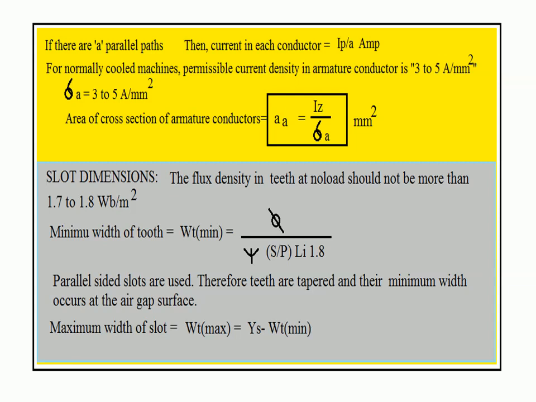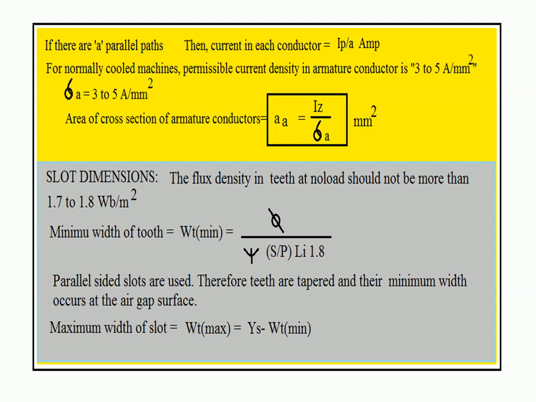For normally cooled machines, permissible current density may be considered as 3 to 5 amperes per square millimeter. Once you select some current density, you can easily estimate the cross-sectional area of the armature conductor, that is, the current flowing through each conductor divided by the current density. Then next we can go for slot dimensions.